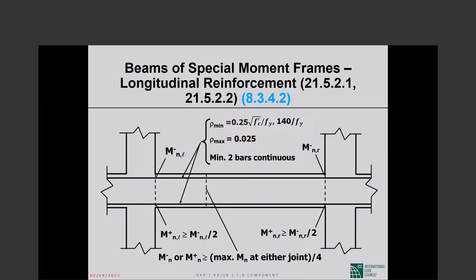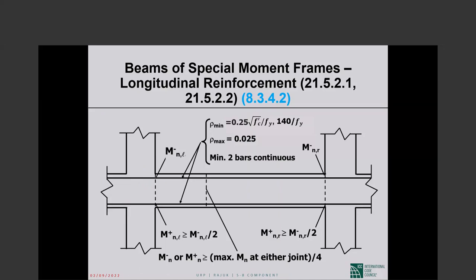Then if you have, let us say, six number 8, 25 millimeter bars at the top at the support section, you must have at least 3 25 millimeter bars at the bottom.